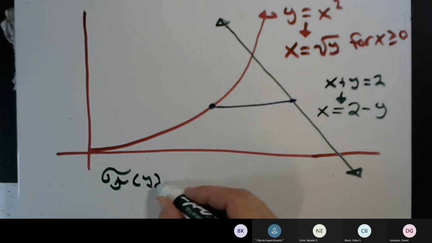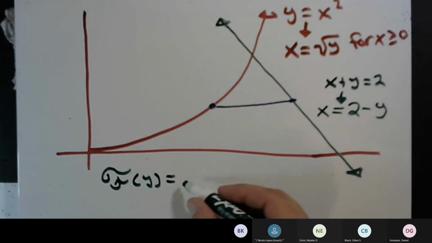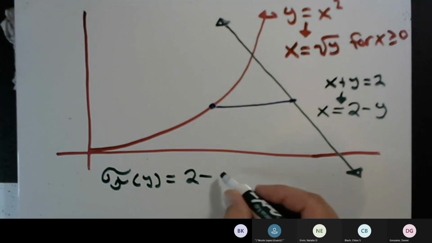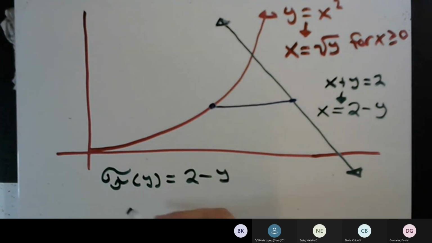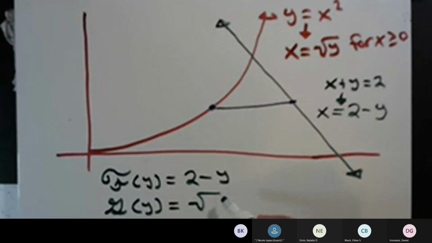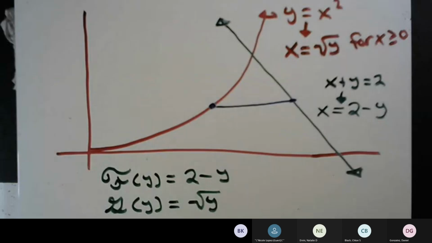So f of y is going to be 2 minus y. g of y is going to be the square root of y.